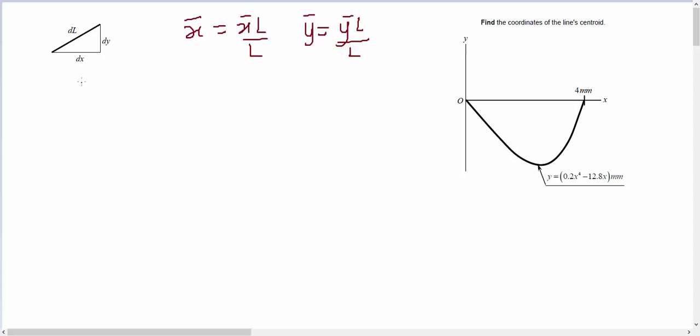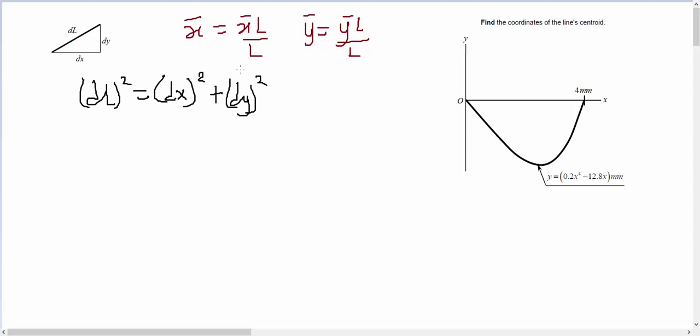Writing down the Pythagorean theorem, we have dL squared equals dx squared plus dy squared.